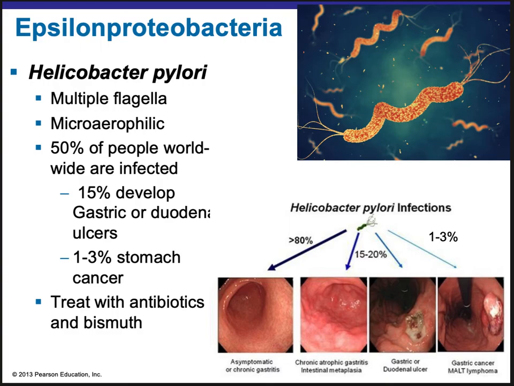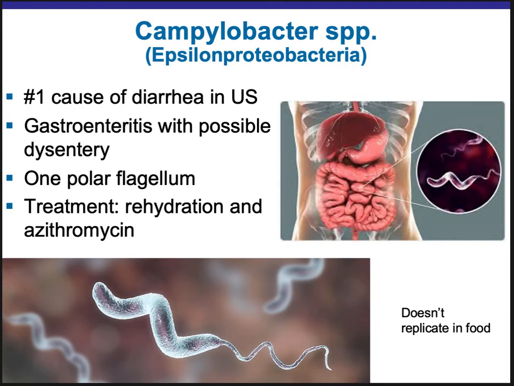And that's a very special property of it as well. And it is microaerophilic, and you maybe don't know what that means. So micro, small, and air, philic, liking. So it likes very little amounts of oxygen. Okay, we're going to see that same property for Campylobacter, and in fact, they look pretty similar. So Campylobacter is the number one cause of diarrhea in the United States.